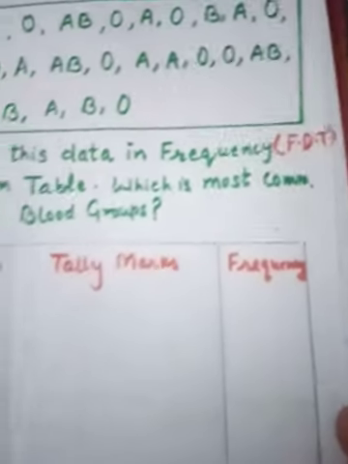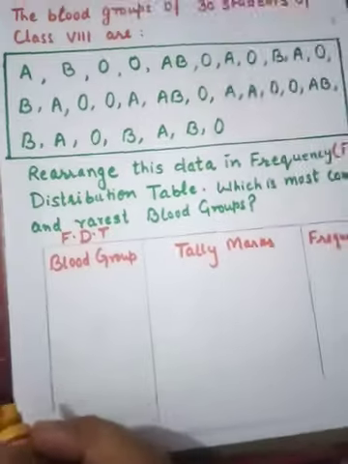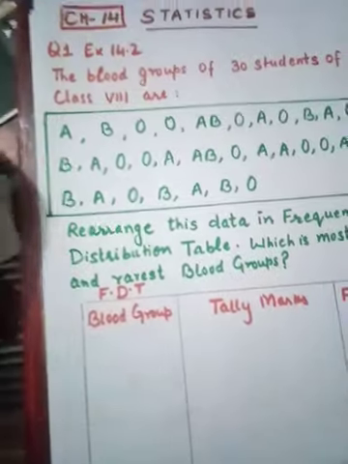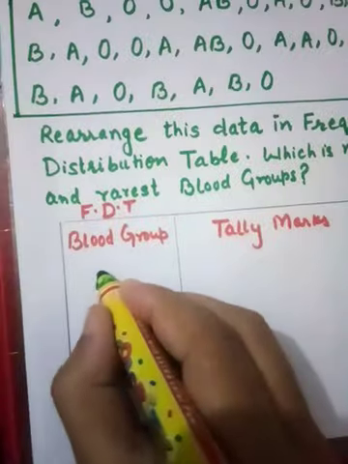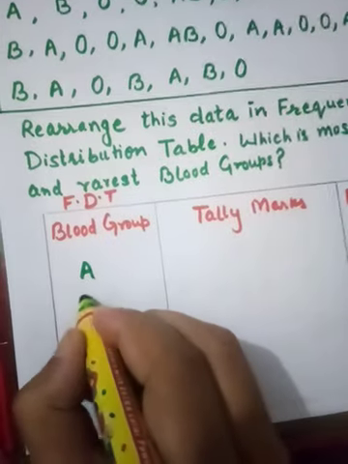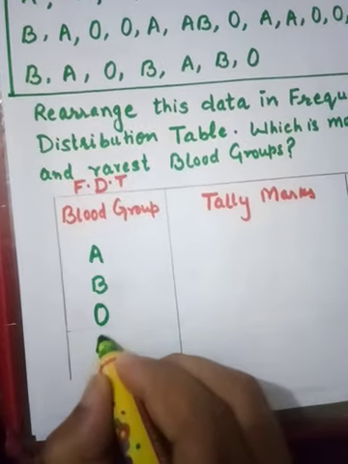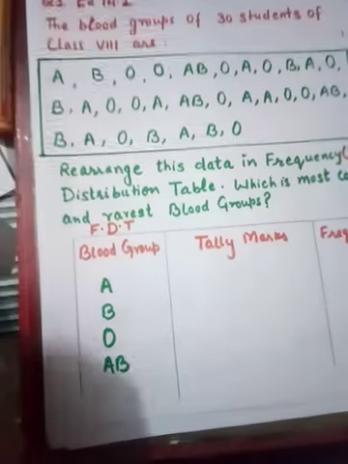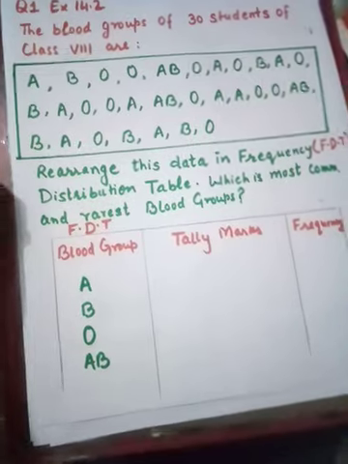So these are the 3 columns in our table. Now let's write the blood groups: A, then B, then O, and then AB.